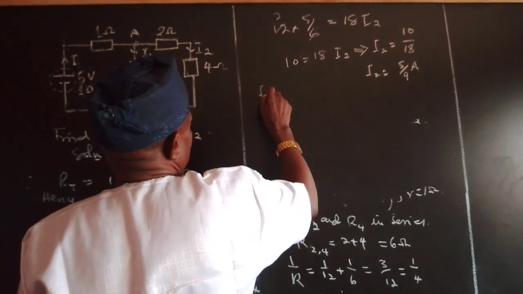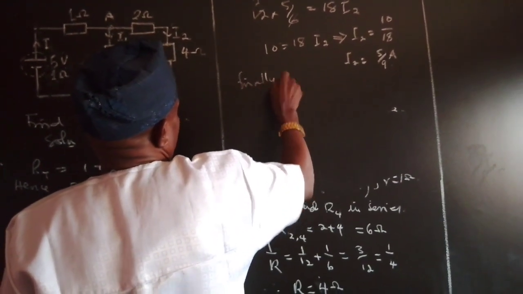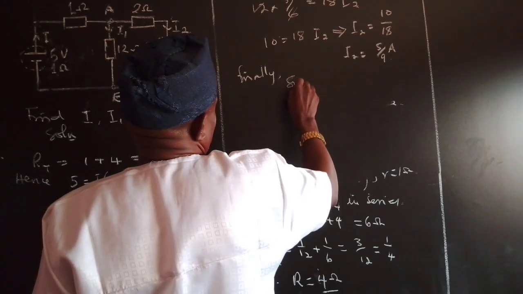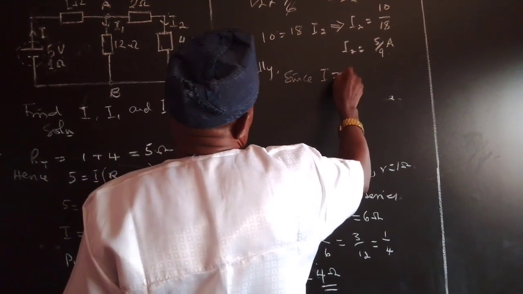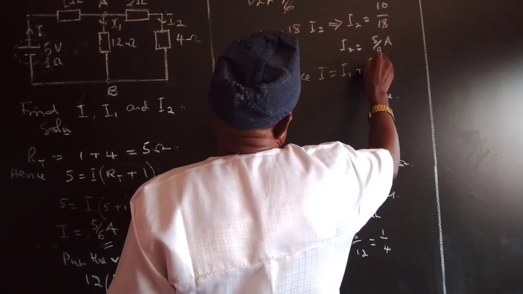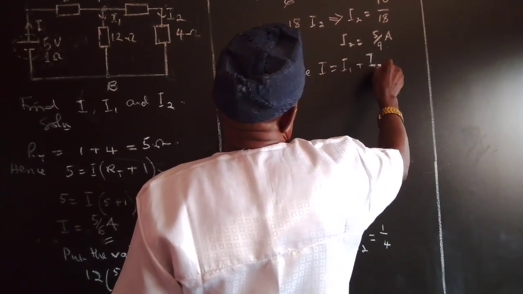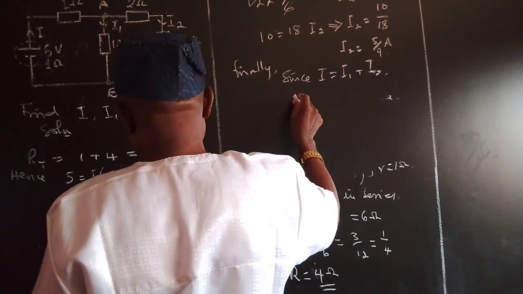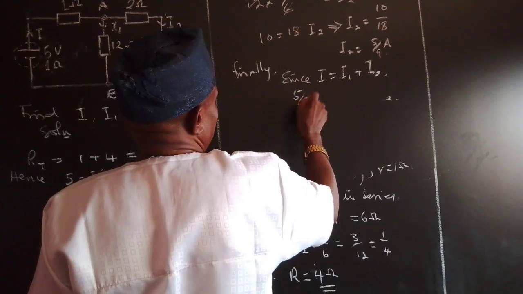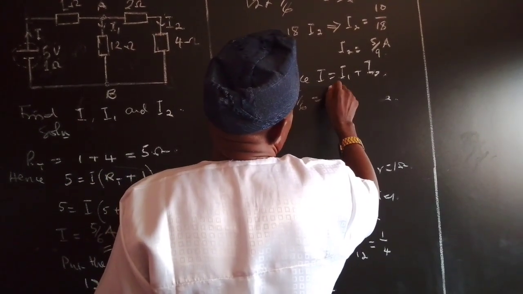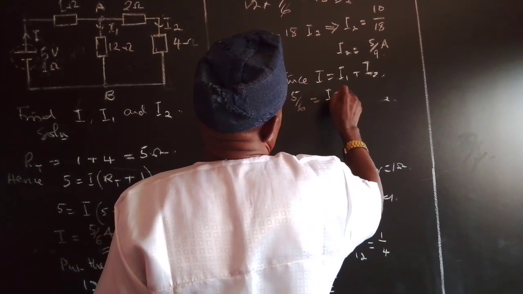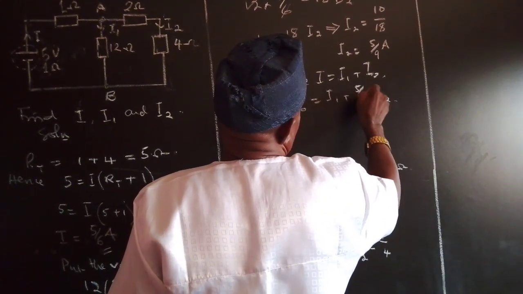Finally, since I is equal to I1 plus I2, if we substitute all the values, we have 5 over 6 is equal to I1 plus 5 over 9.